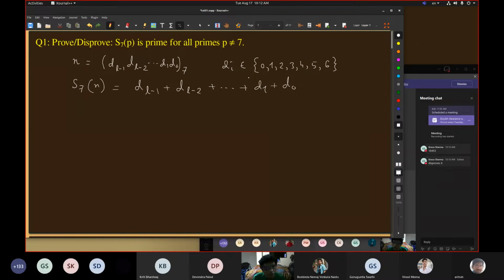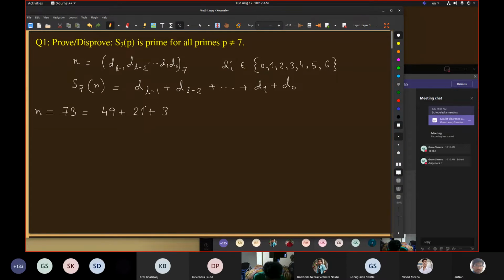If I take some prime number, for example, let's say 73. So let us take n equal to 73, which is a prime. This is 49 plus 24, so 49 plus 21 plus 3.